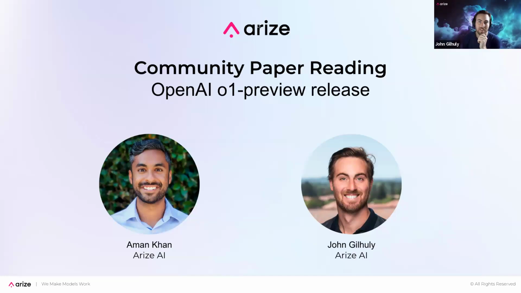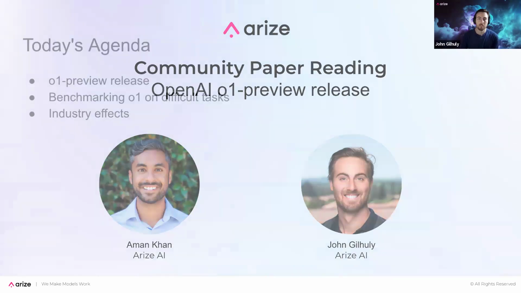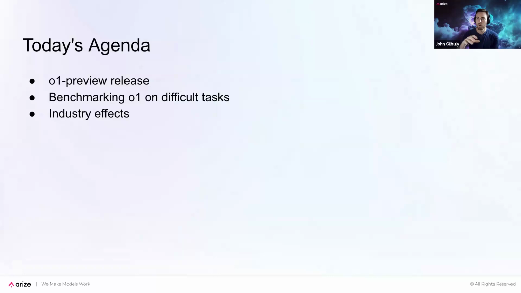Awesome. All right, I think we could probably get started. We'll probably have some more people joining in as we keep going. Today we're going to go through some of the O1 material and release material that's come out from OpenAI over the past week or so. We're going to talk through O1, what's been released. There's not a ton of architecture detail in there, so we're going to glean as much as we can out of the information that's been released. We'll show some of that as well.